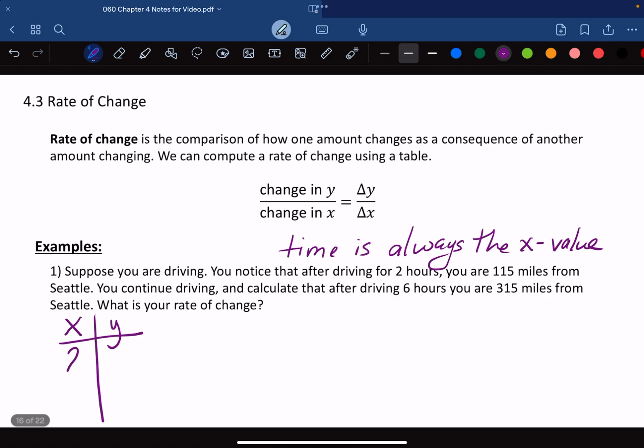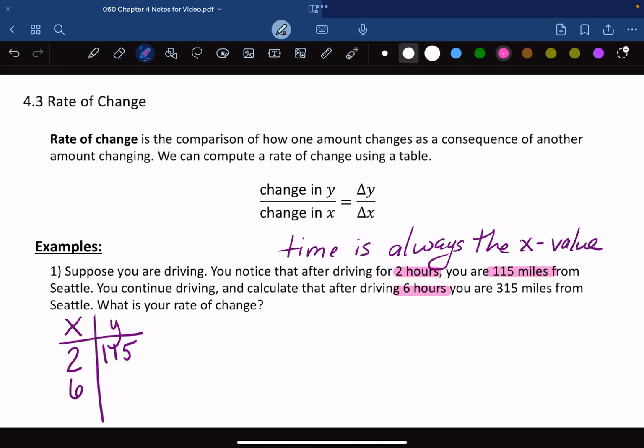So we're going to have an x of 2 and an x of 6 because we have 2 and we have 6. And at 2 hours, you are 115 miles from Seattle. So at 2, I'm going to write 115 right next to it, because at 2 hours, our input is 2 and our output will be 115.